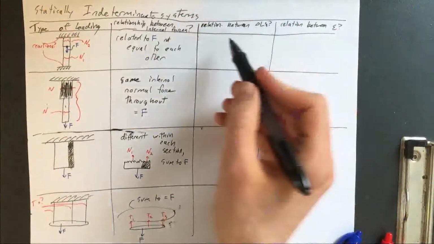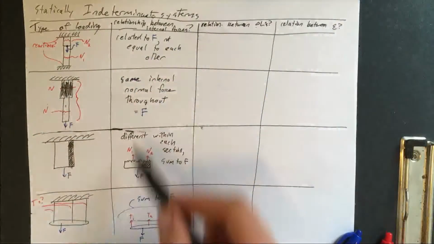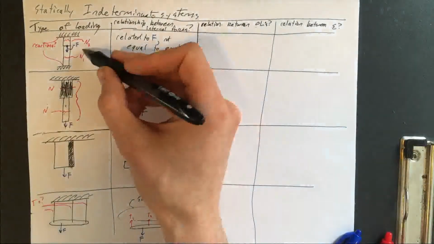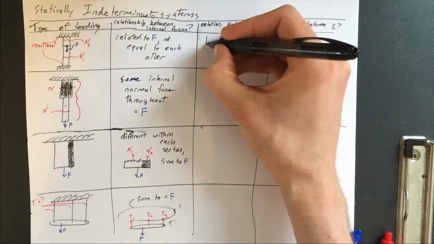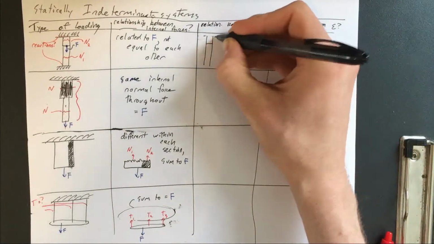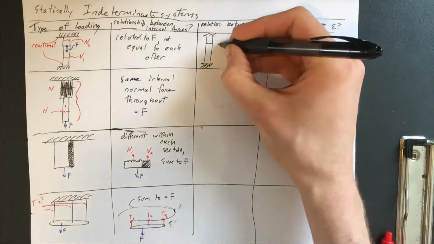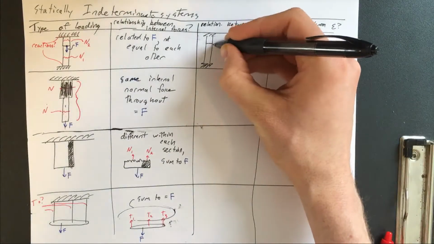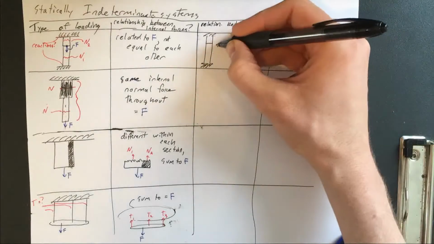So the next thing we can ask about is whether there is some relationship between changes in lengths for each of these configurations. For the first one, there actually is. You can imagine we originally were in this configuration for our beams, but after we applied our force, this line is going to move down a little bit to some new location.